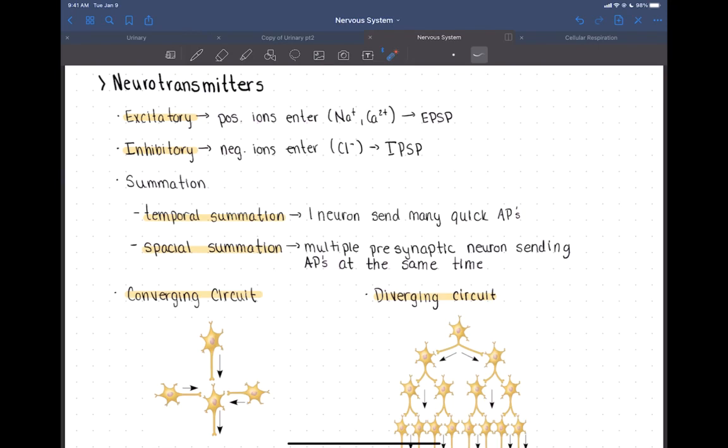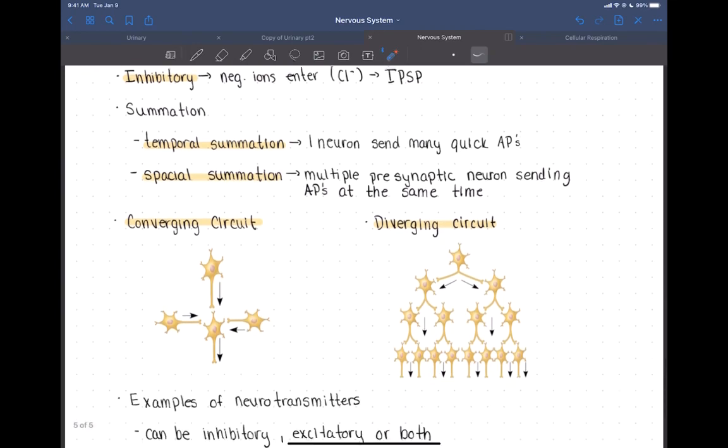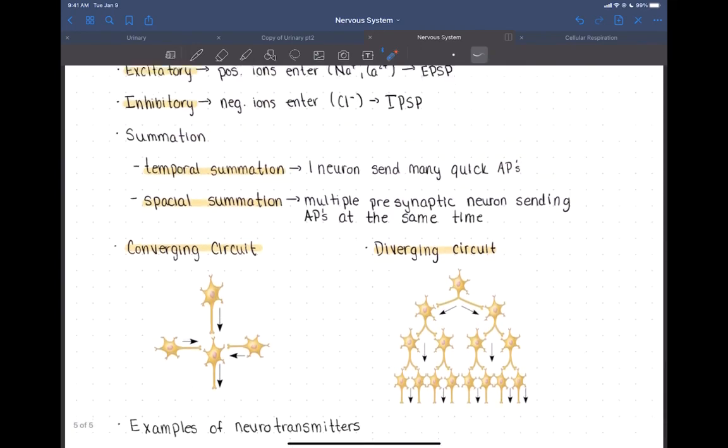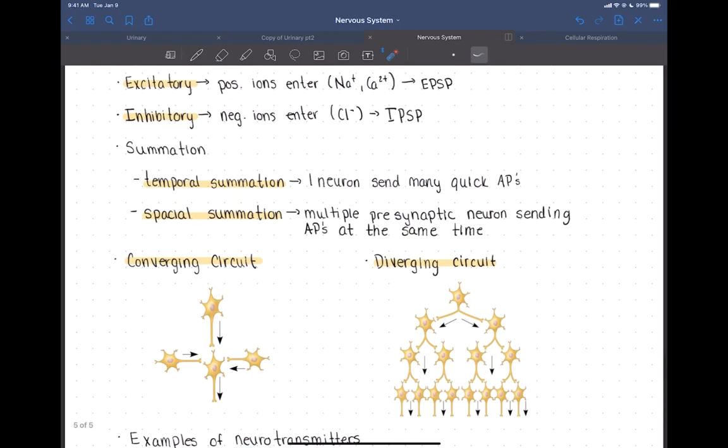You can also have neurotransmitters that are both excitatory and inhibitory, which just means they can bind to different types of receptors that could either let in sodium or chloride. And we'll talk about some examples of neurotransmitters in a second.